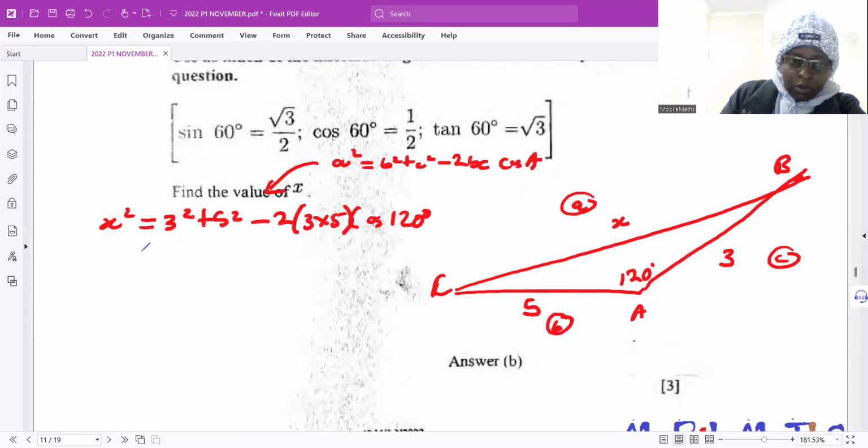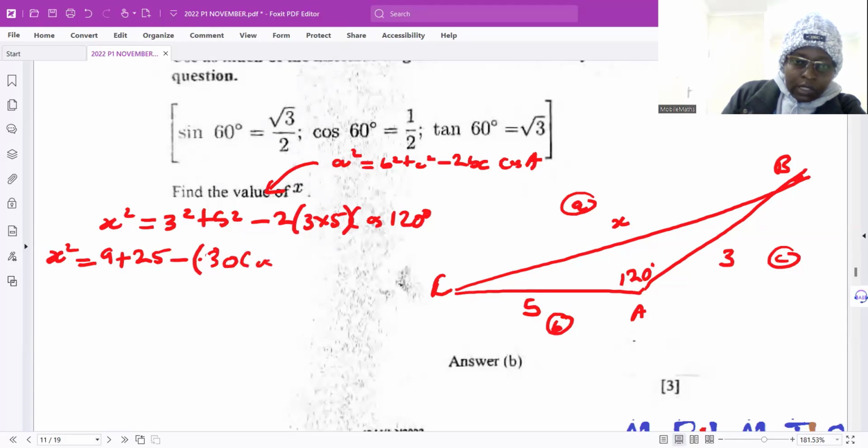Okay, let's solve it. So this gives me x squared is equal to 3 squared, that's 9, plus 25 minus 3 times 5, 15 by 2, that's 30.